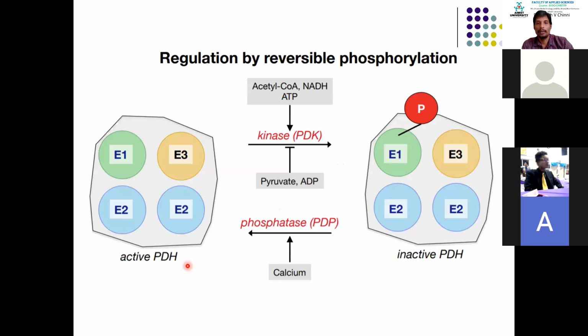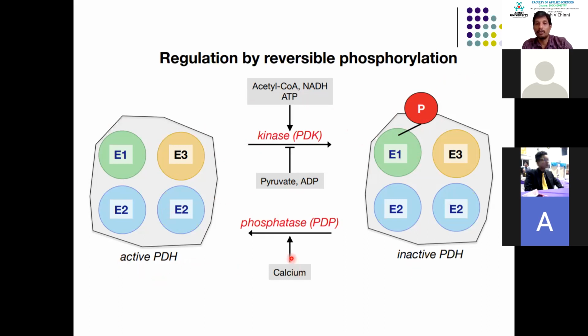So this is another representation of the same enzyme regulation: phosphorylation and dephosphorylation. What happens is the kinase, PDK, inactivates the pyruvate dehydrogenase. So this whole enzyme will be bound to the phosphate group. The phosphorylated one is the inactive state, the dephosphorylated one the active state.